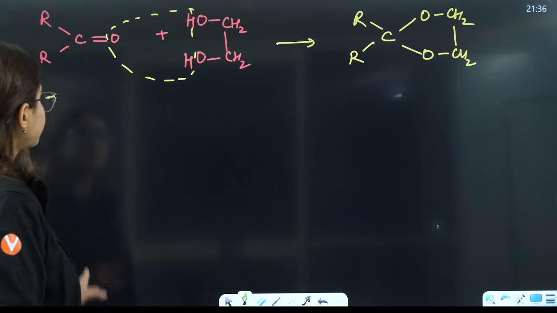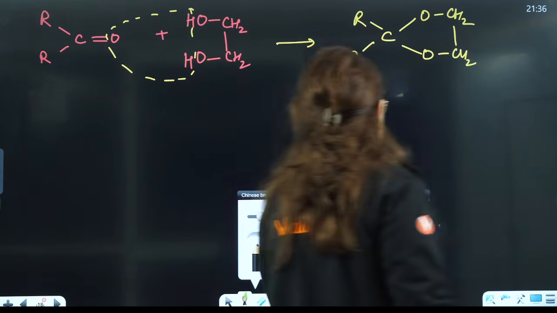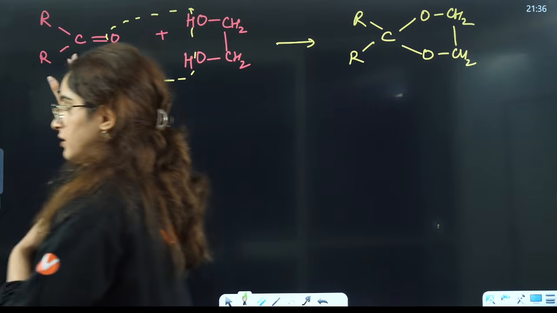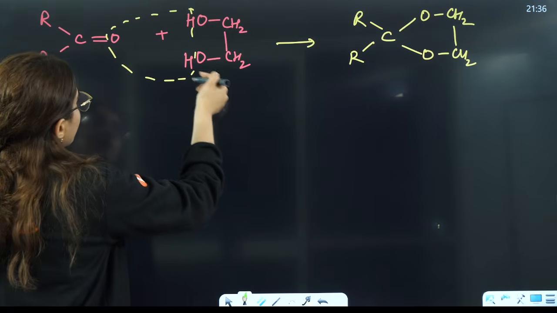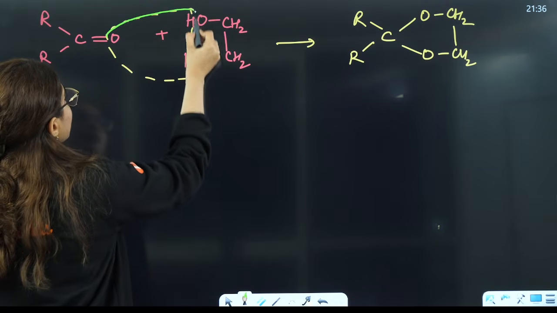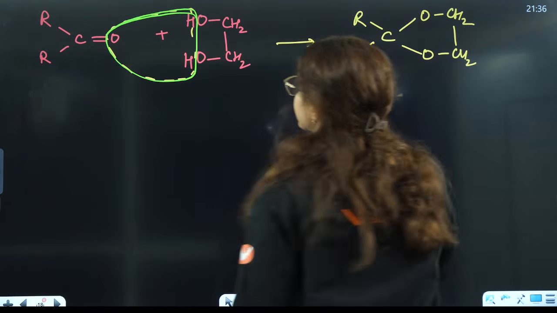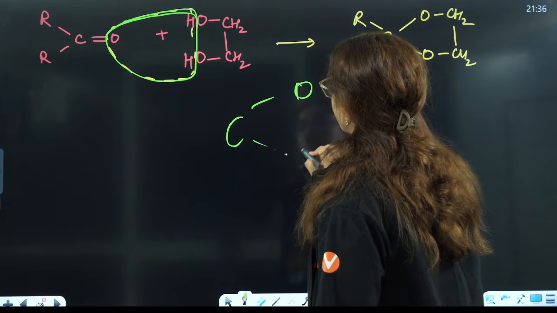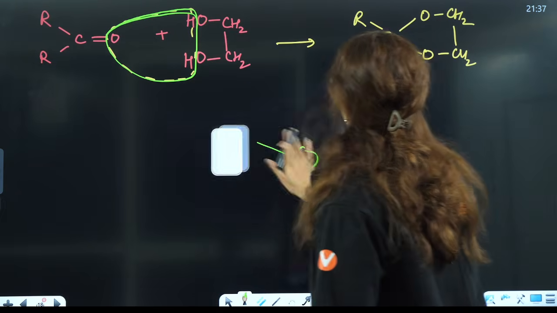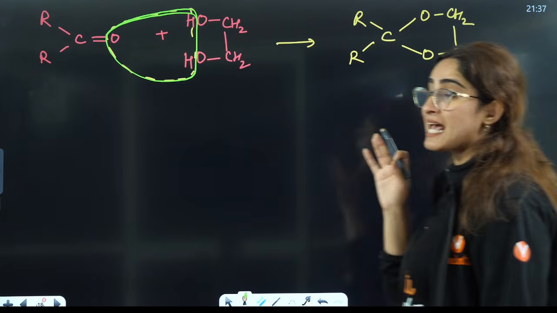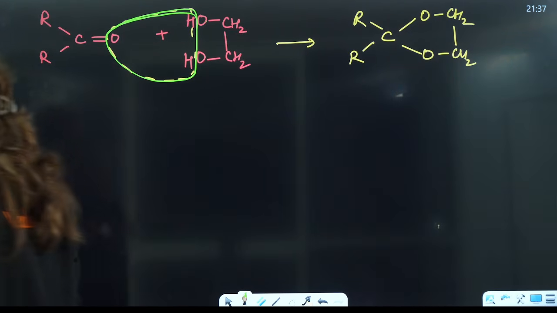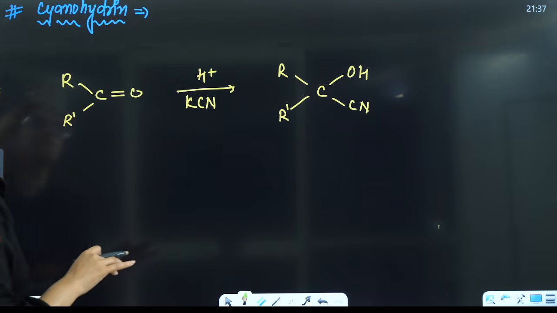Now, when you have an aldehyde or ketone and you react it with ethylene glycol, water is released, and this carbon is connected to one oxygen here and one oxygen here, and rest of it remains the same. That is, cyclic ketal is formed in this case. Okay.